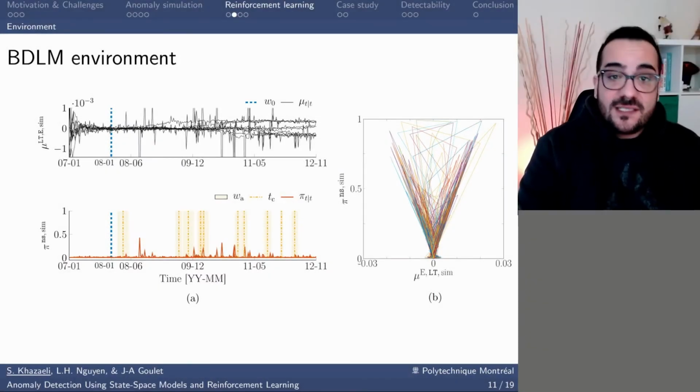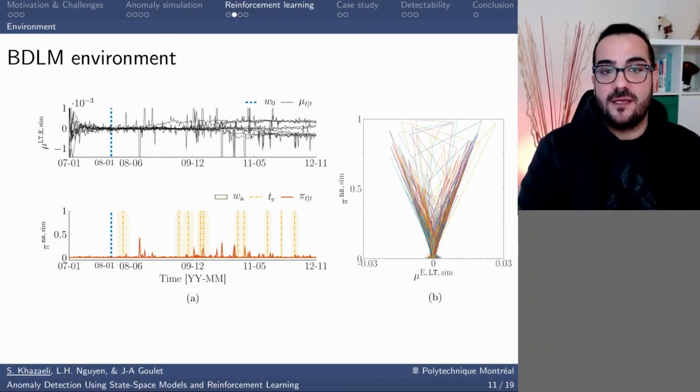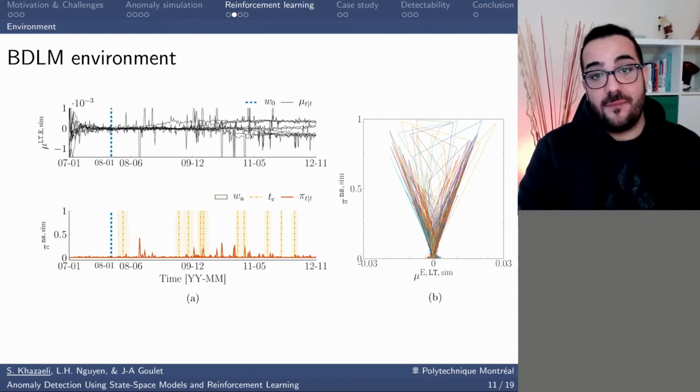Okay, first let's take a look at the BDLM environment as shown on the right graph. In this work, we use the mean value of the trend and the probability of non-stationary regime as our environment. It includes different time series that we call each of them an episode. The figure shows sampled episodes both as time series on the left and the BDLM environment on the right. Now let's formalize the environment.